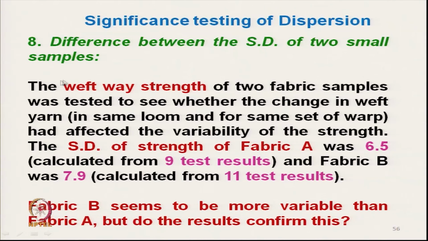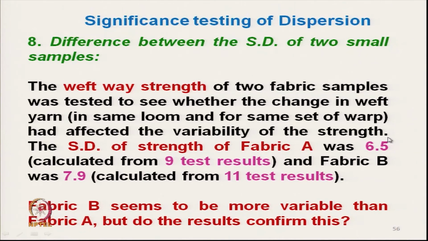So, this is the weft yarn edge strength of 2 fabric samples, tested to see whether the change in weft yarn, that yarn has been changed in the same loom and for the same set of warp, had affected the variability of the strength.